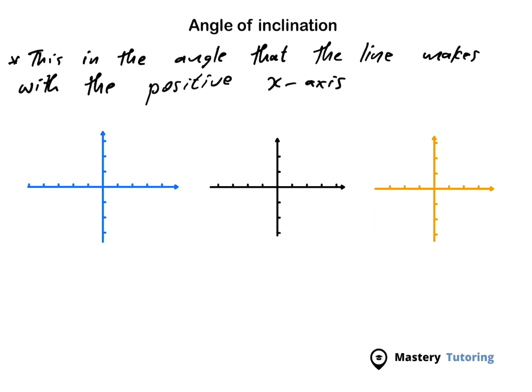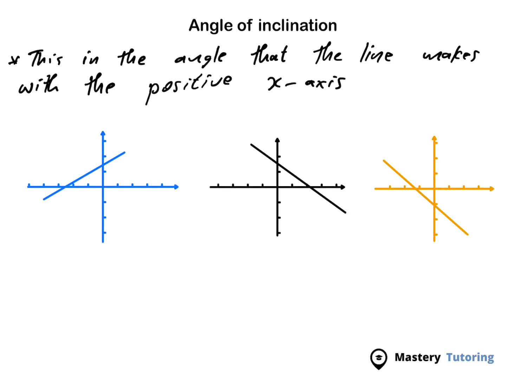In each of these, suppose you have the lines as shown. This is your line there, and then this other one, suppose it is a negative gradient like that, and lastly the other one, let's say again it is a negative gradient, but it goes in this way.